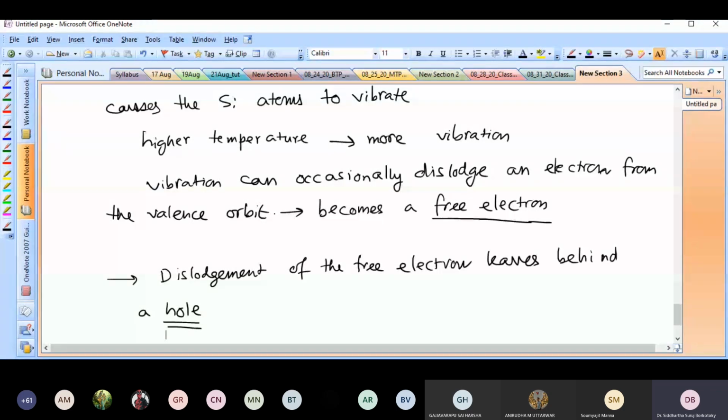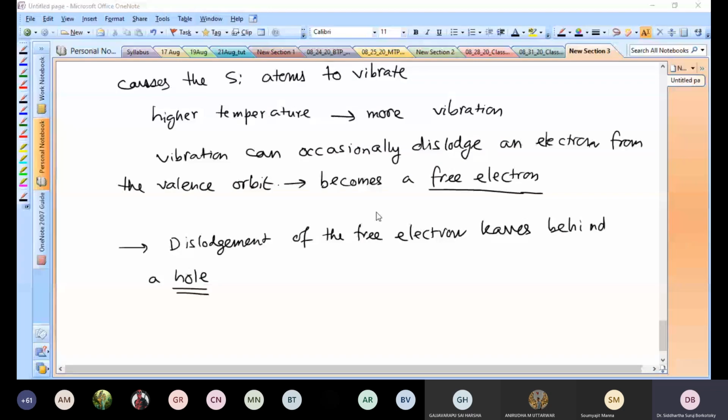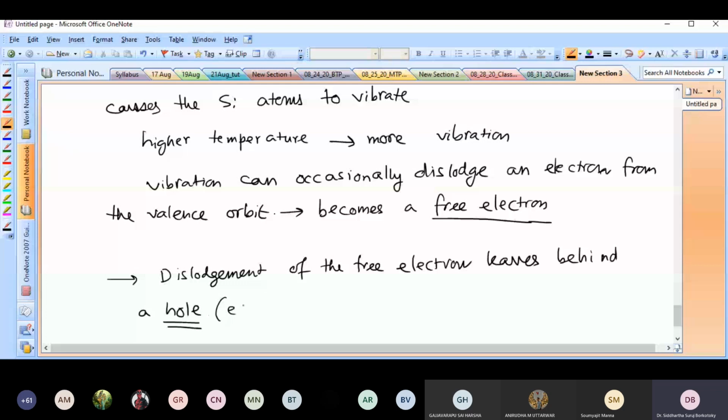Any questions? Maybe there was some noise, but basically you can dislodge 1 electron from the valence orbit, and when that happens, you have this vacancy for a single electron. That entity, the valence orbit with only 7 valence electrons, is known as a hole, which is effectively a net positive charge, a +1 charge.